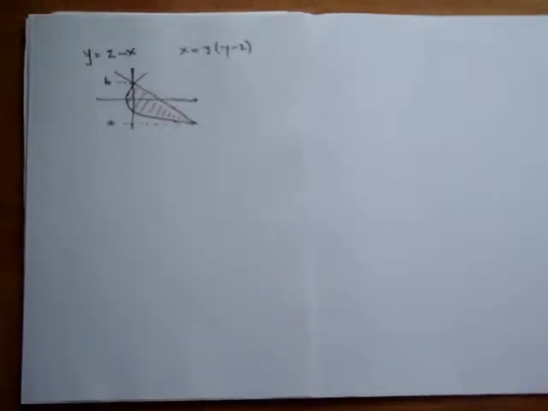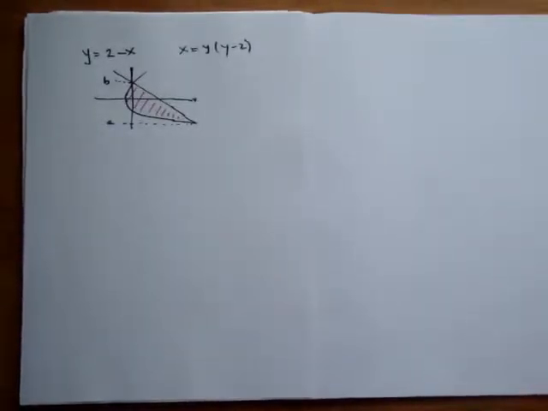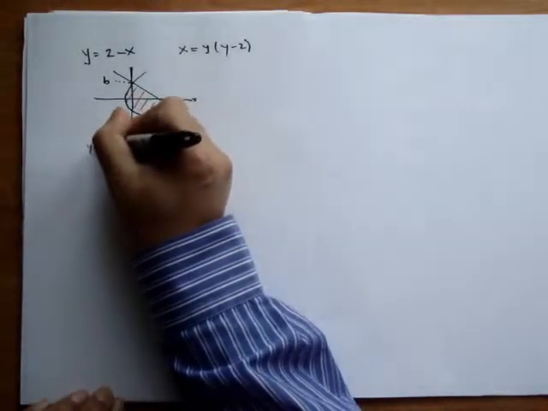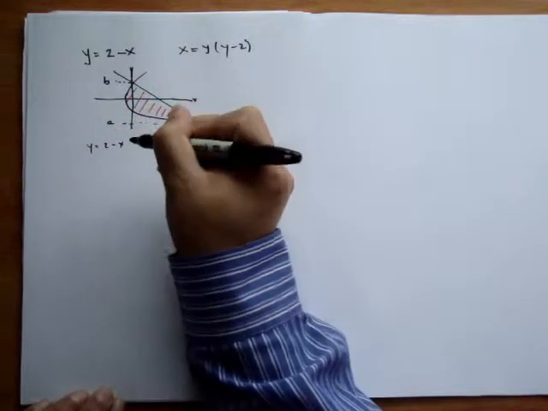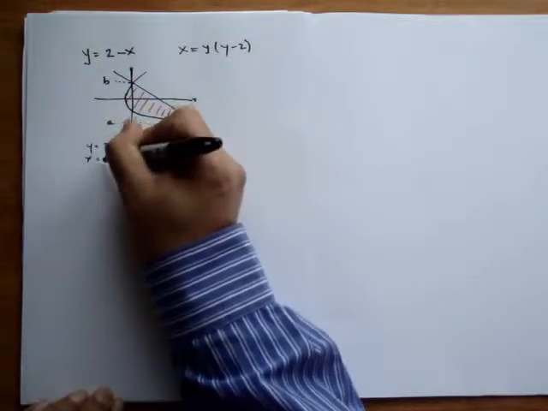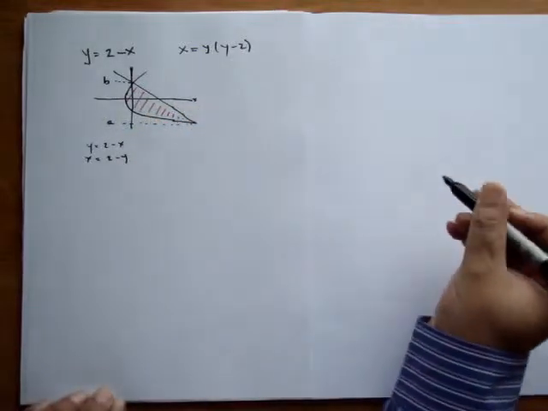So how will we do this? First of all, let's get everything in terms of y. For y equals 2 minus x, we have x equals 2 minus y.